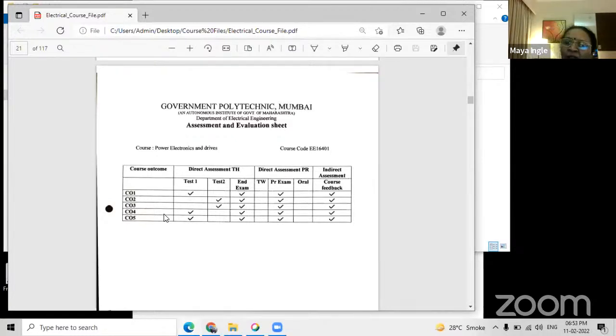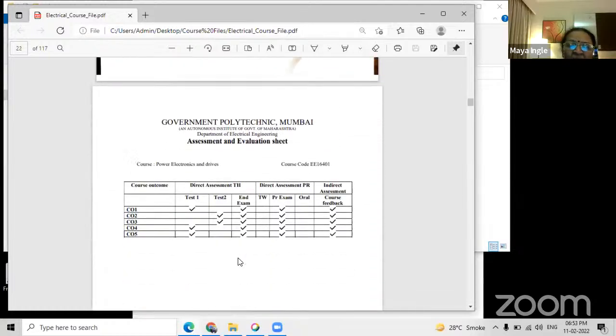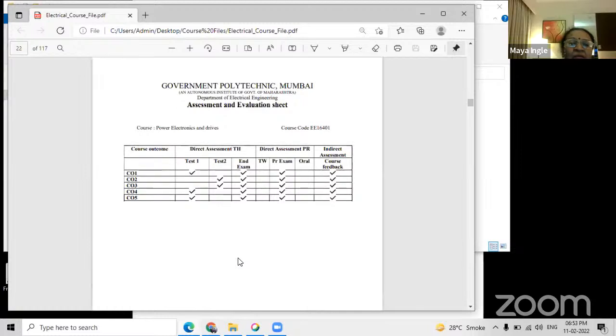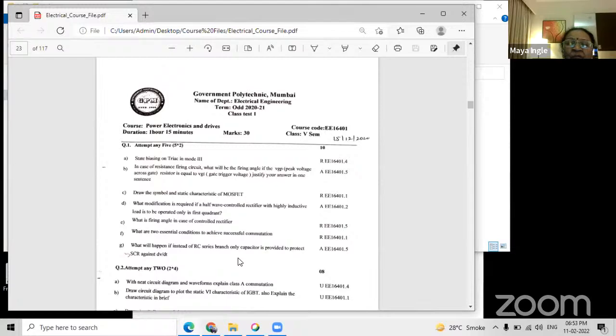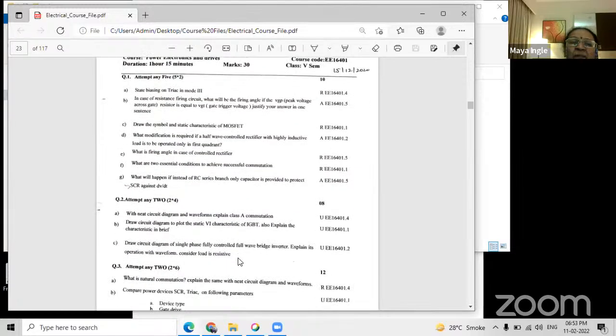What have you considered as direct assessment, what are the parts related to indirect assessment, and how are they affecting the COs? This is the particular assessment and evaluation sheet. For each and every subject, you have to include this plan.